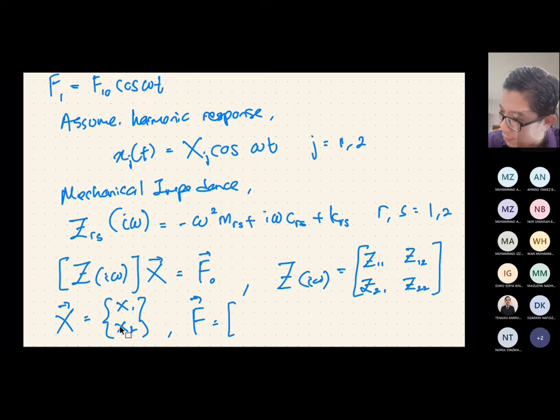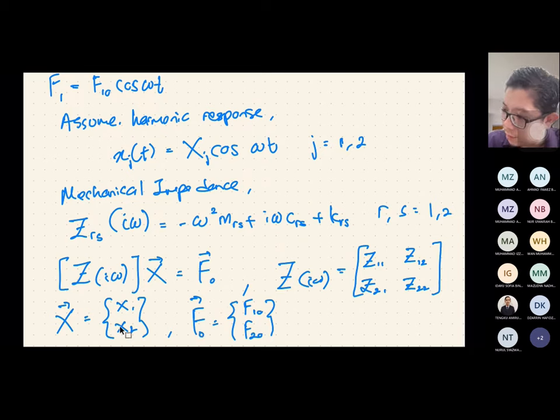So we have F10 and F20, meaning the input is either at X1, coordinate 1, or input at coordinate 2.